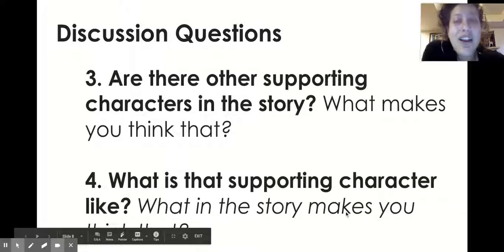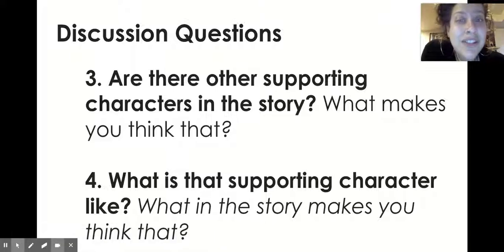Then it asks, are there other supporting characters in the story? What makes you think that? So thinking back to the story, yeah, there is another supporting character. I'm thinking that the eye doctor is a supporting character in the story.